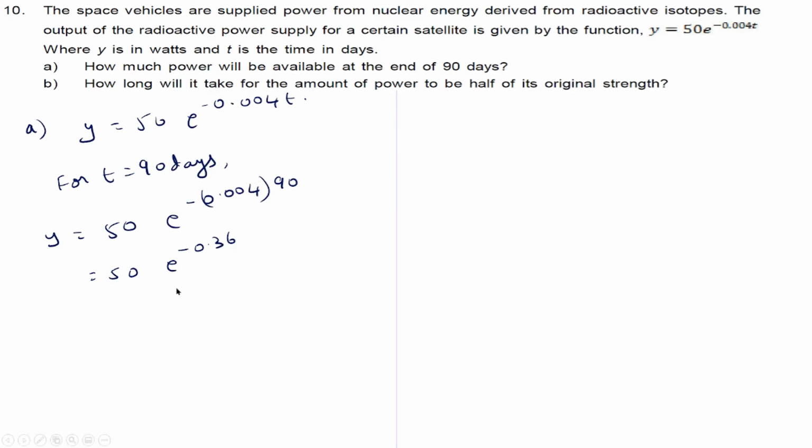Sometimes the value for e raised to minus 0.36 will be given directly, or e raised to 0.36 will be given. If e raised to 0.36 is given, we can write this as 50 divided by e raised to 0.36.